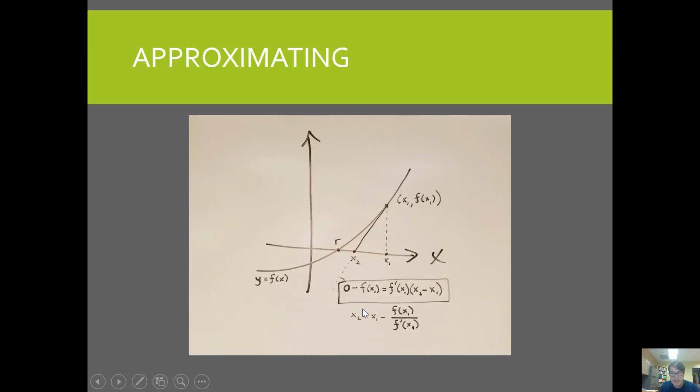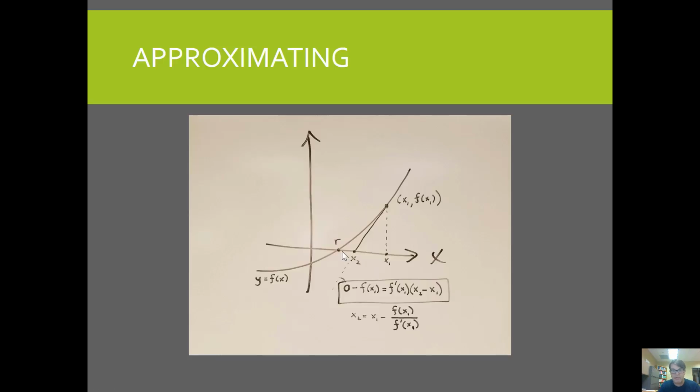And then x4 equals x3 minus f of x3 over the derivative of f at x3. And we continue to go. Then x5 equals x4 minus, and x6 equals. And by successive approximations, we get closer and closer to r as we keep plugging it in.